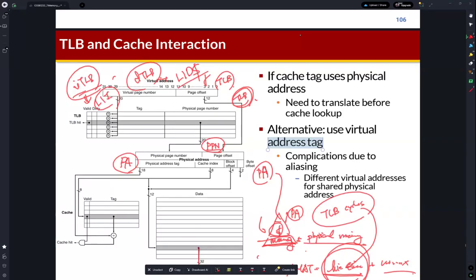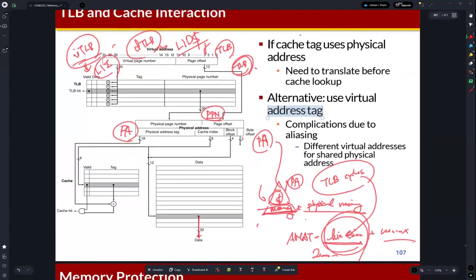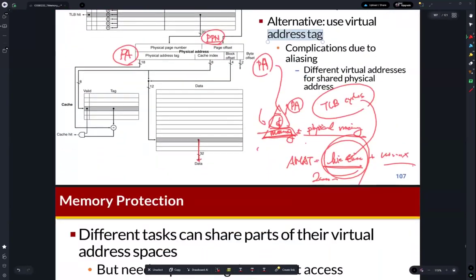In real CPUs, the instruction fetch takes longer cycles. So instruction fetch is partitioned into multiple pipeline steps. Okay, so that's how the TLB works.